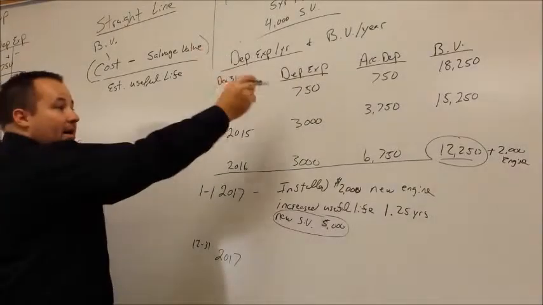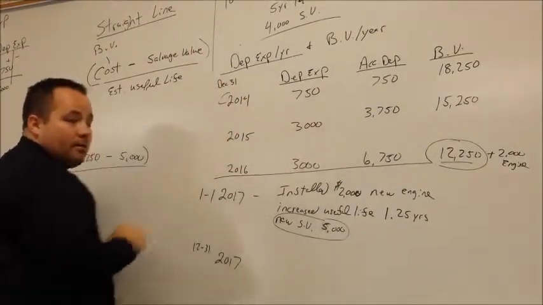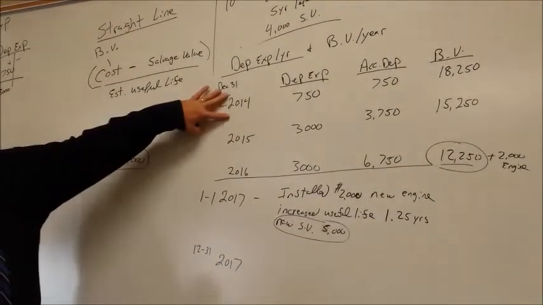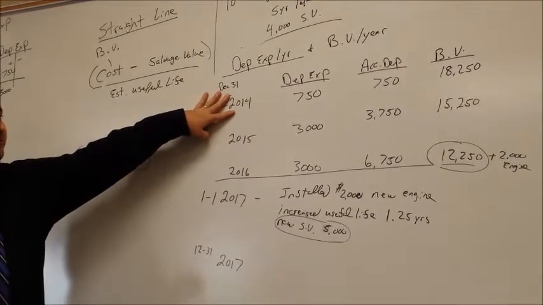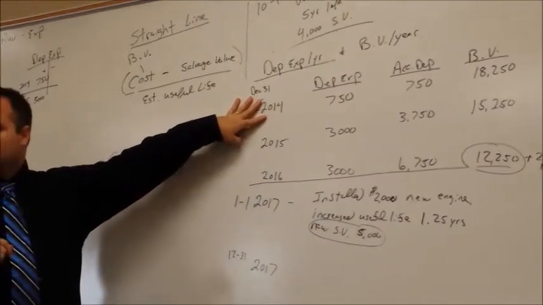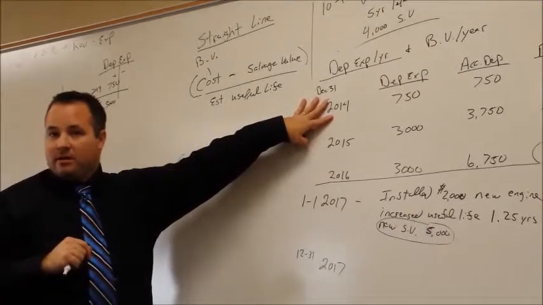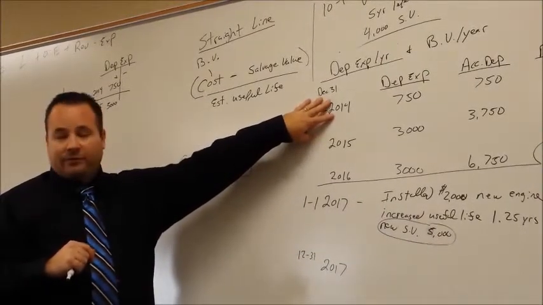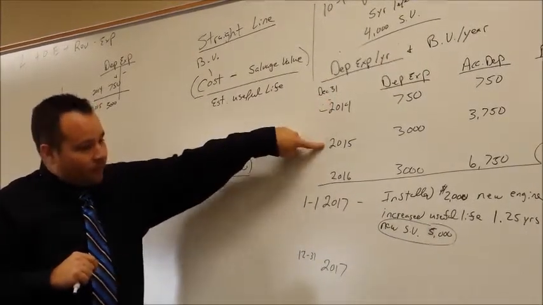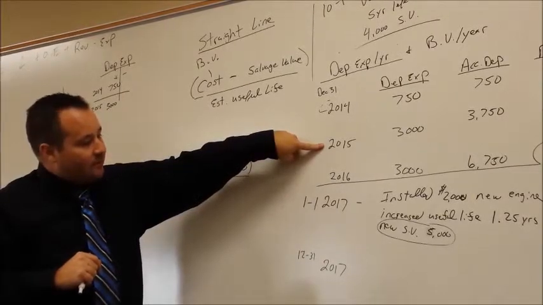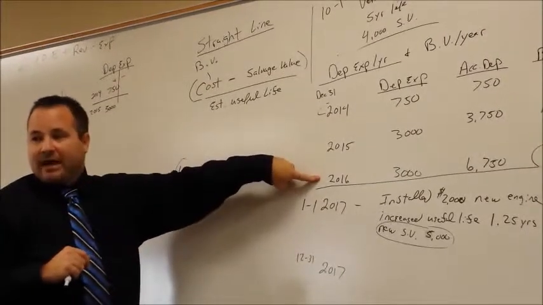I started with 5. I got rid of a quarter here. So that leaves me with 4.75 years left. Are we good there? I've only used a quarter of a year this first year. Then I used another full year, so I'm at 3.75, then 2.75 years left.